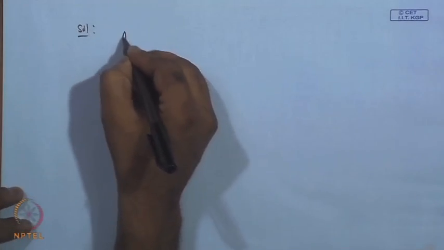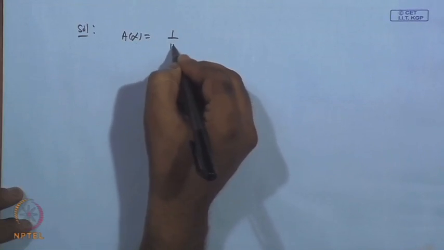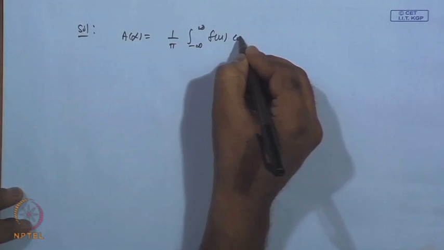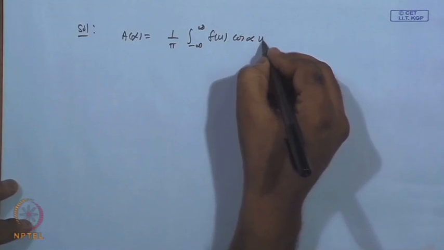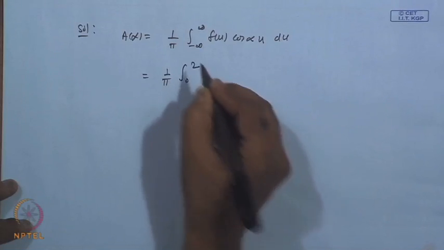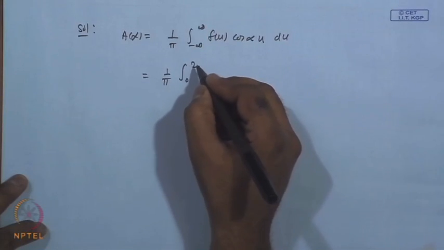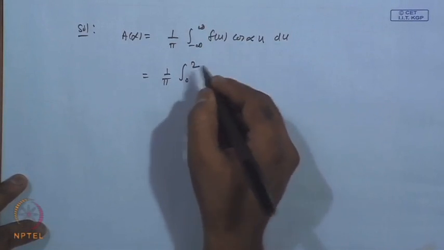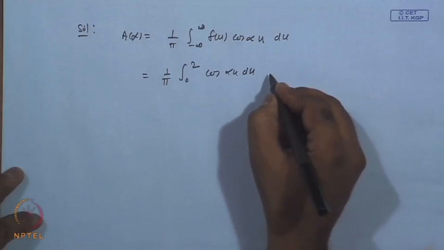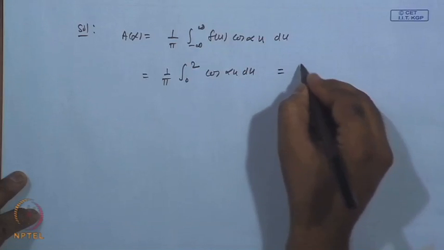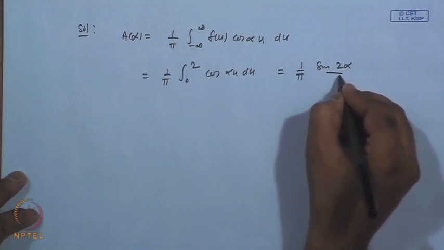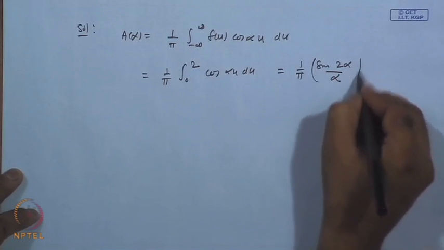So, we get this A(alpha) equal to 1 over pi, integral from minus infinity to plus infinity of f(u) cos alpha u du. So, we have 1 over pi, and the function was defined from 0 to 2 only, other than this it was 0. So, we have cos alpha u du, and that we can simplify to give sine 2 alpha over alpha.